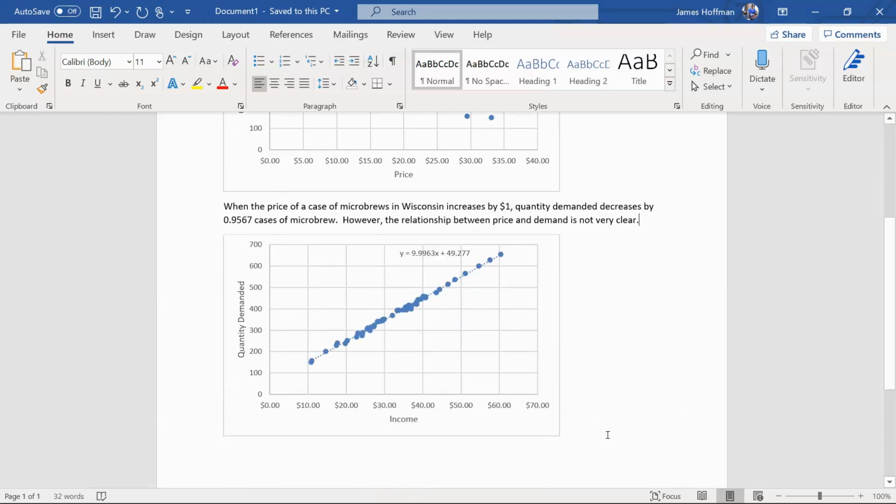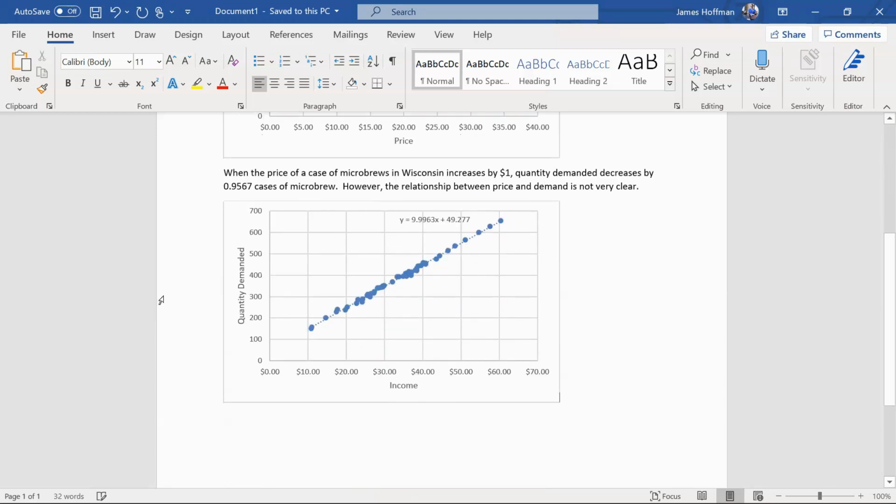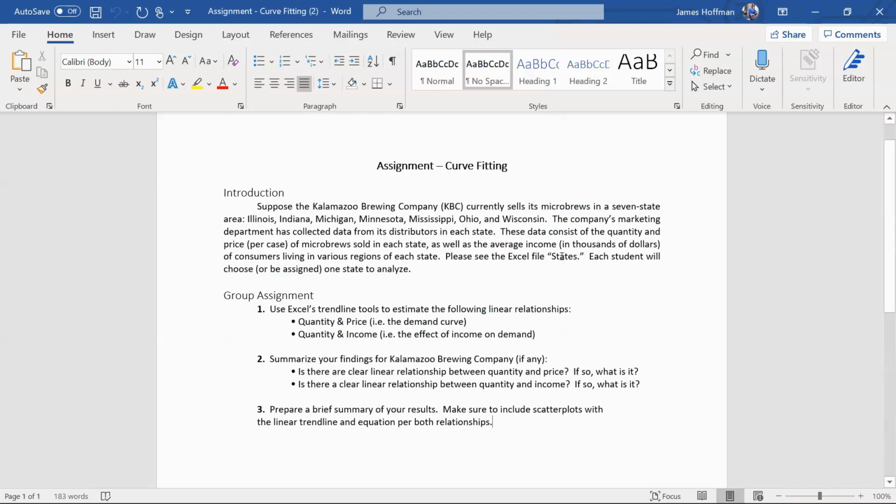Okay, and then finally, I'll just interpret this one real quick. So this is the effect of income on demand. So this is income, average income in thousands, increases.